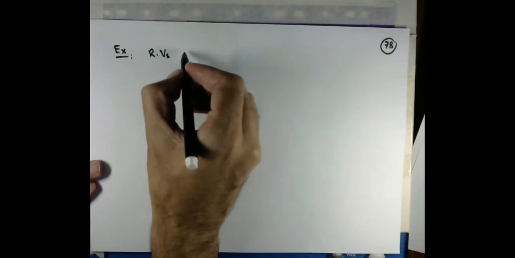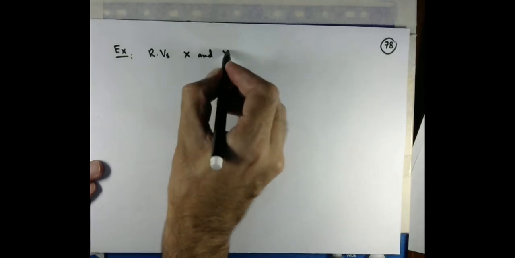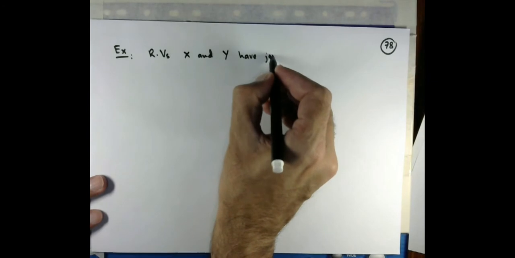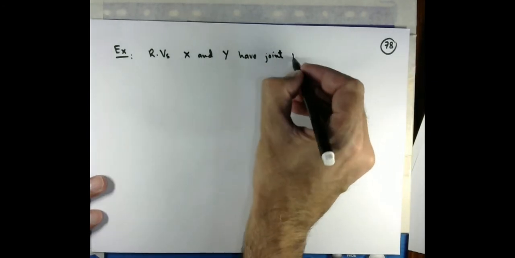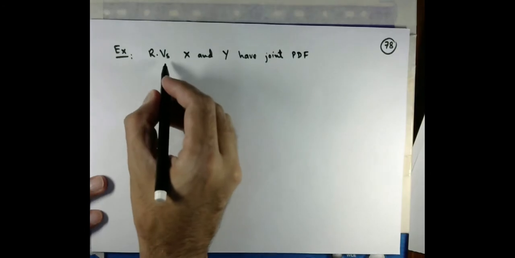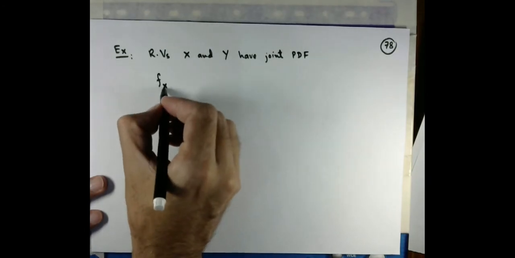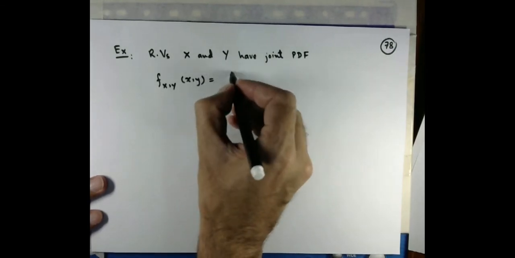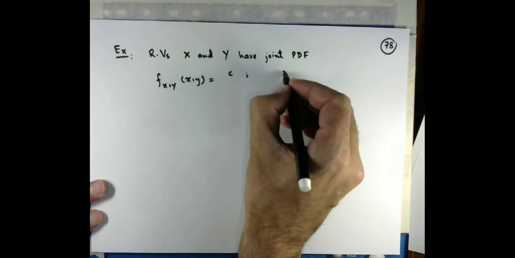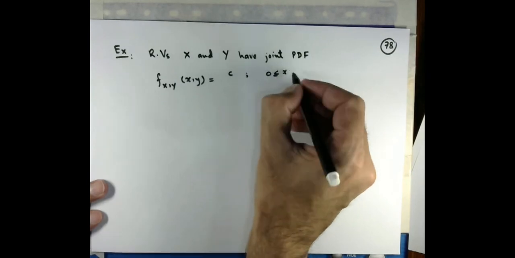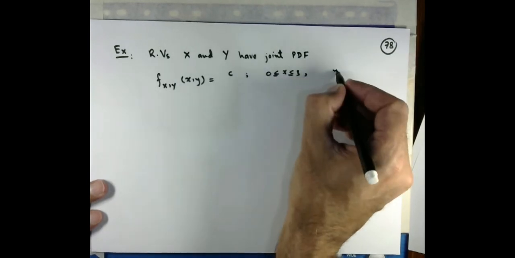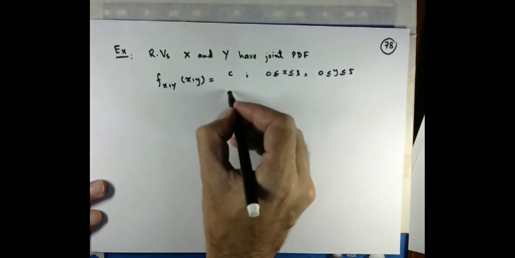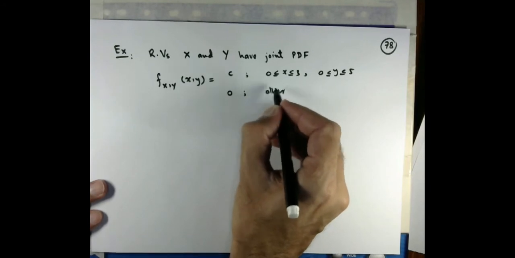Suppose we have random variables x and y, and they have joint PDF f sub x comma y of x comma y, and say it is C for x between 0 and 3 and y between say 0 and 5, and it is equal to 0 otherwise.